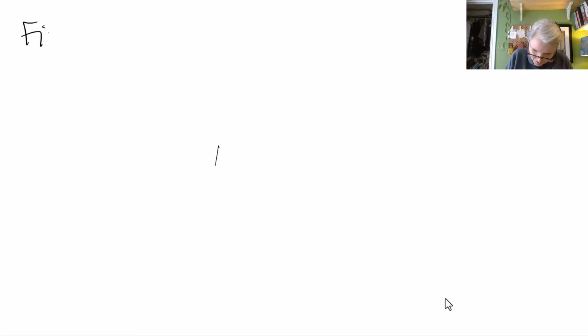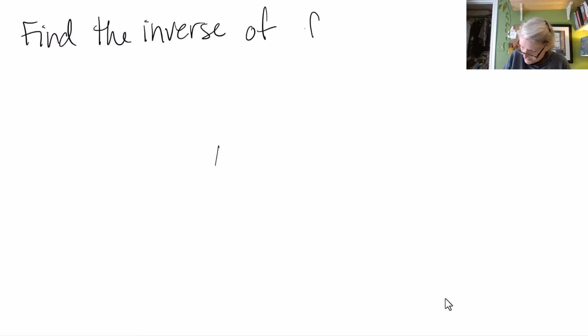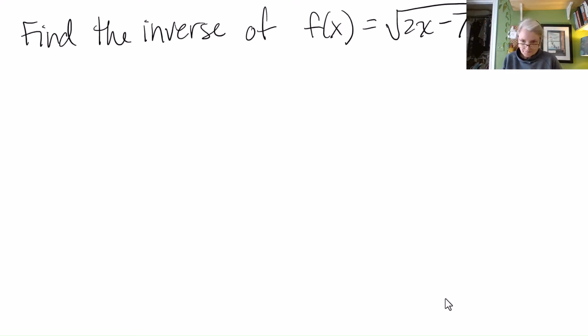So let's say they say find the inverse of the square root of 2x minus 7. And they may give you something about the domain, in that we know that you can't have a negative under the radical.